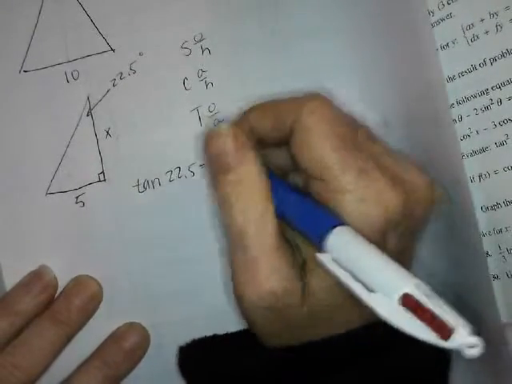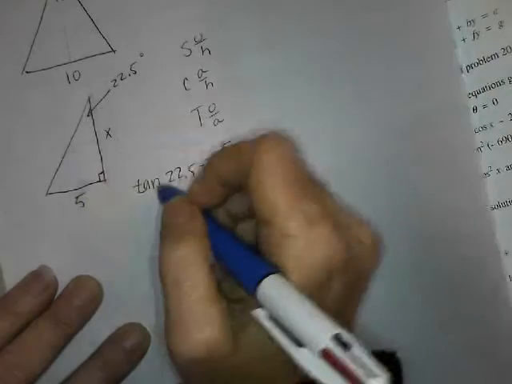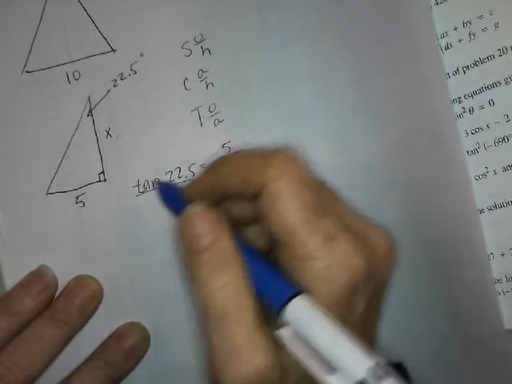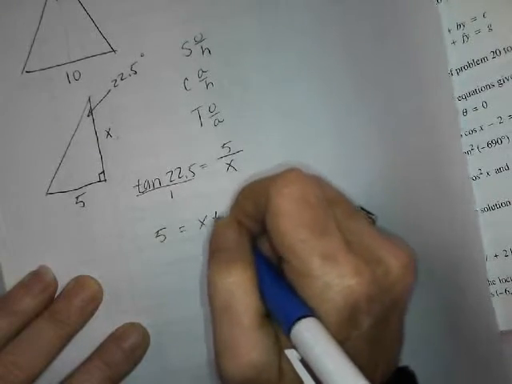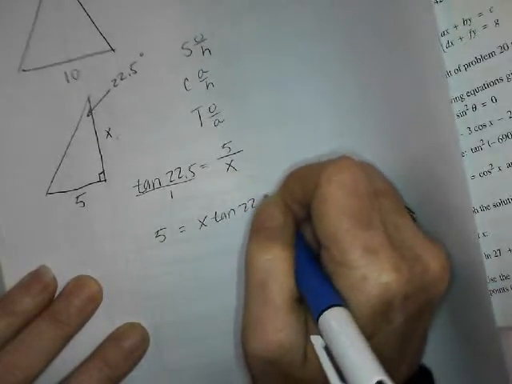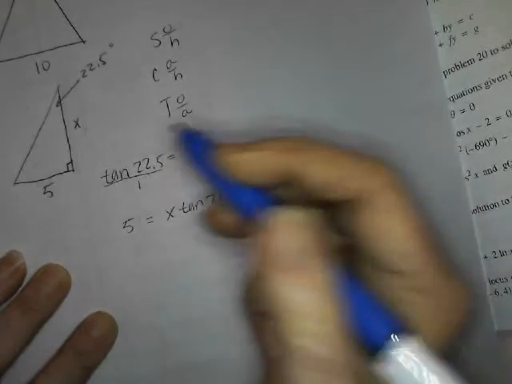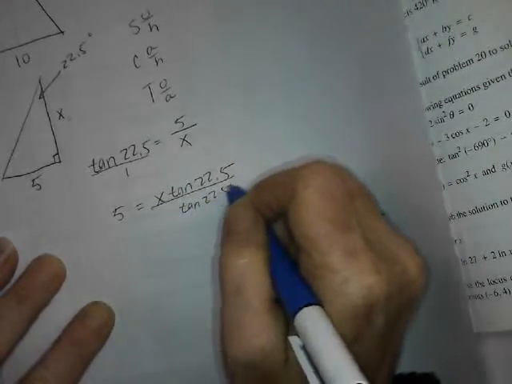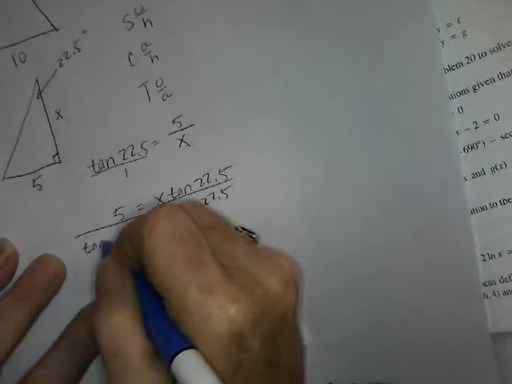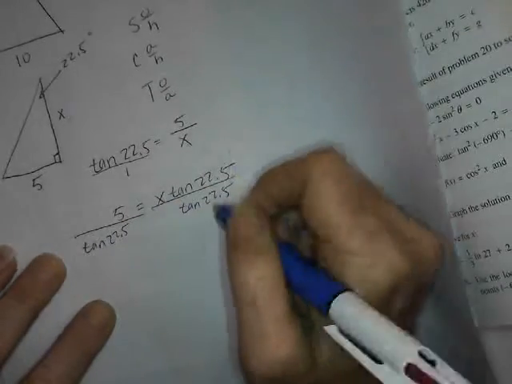Okay, so cross products, 5 times 1 is 5. x times that number is x tangent 22.5. Then I want to solve for x, so divide by tangent of 22.5. I have to keep this video under 10 minutes, I think.